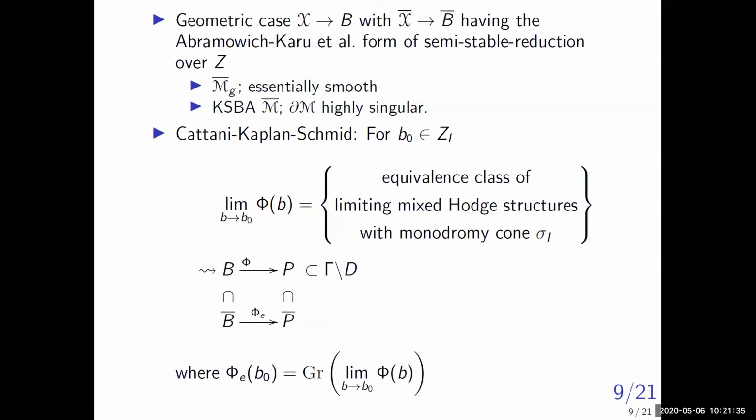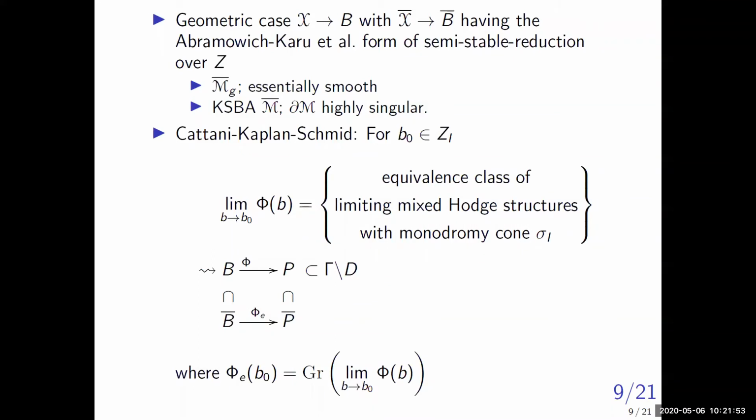Cattani-Kaplan-Schmid showed that the limit as you go to the boundary is an equivalence class of limiting mixed Hodge structures where the monodromy cone is the one described on the previous overhead.